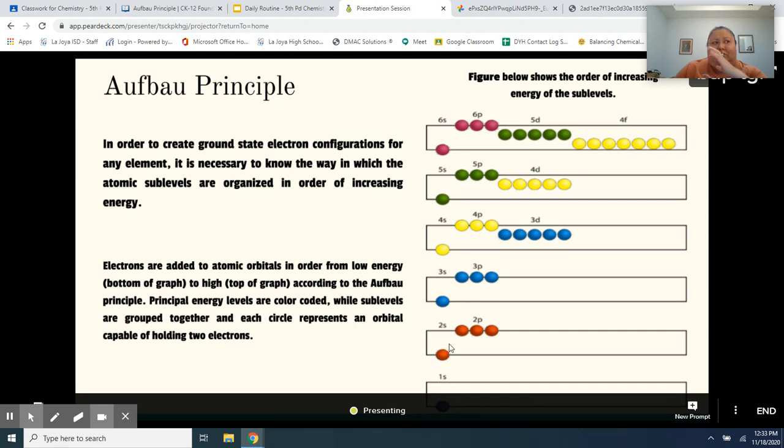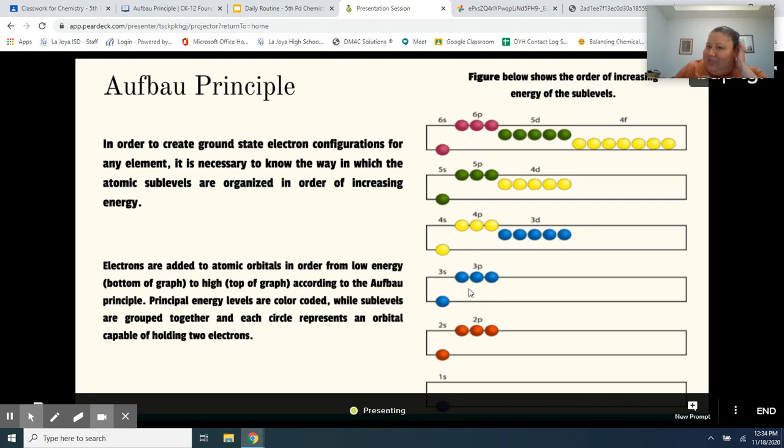And the part that always confuses my students is right here. Once you get to 3p, you would think that it would be 3d that comes next. No. These s orbitals that you see here are slightly lower than the other energy levels. So instead of going from 3p to 3d, it's 4s and then 3d and then 4p, 5s, 4d, 5p, 6s, 4f, 5d, and 6p.